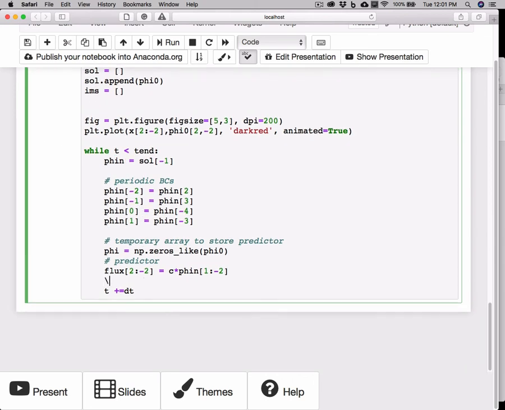Okay, so we said phi from 2 to minus 2 is phi n from 2 to minus 2 minus dt over 2 delta x times flux from 3 to minus 2 minus flux from 2 to minus 3. Correct?